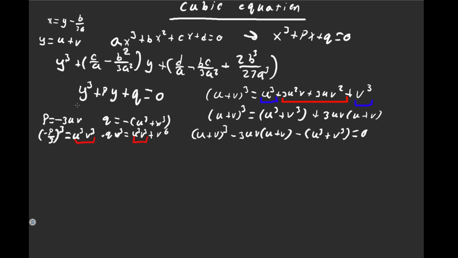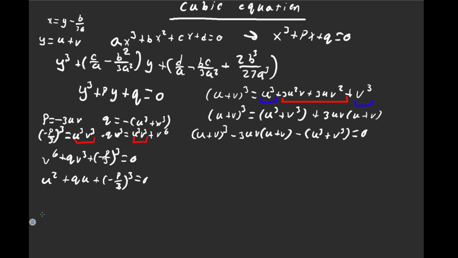And our equation that we will end up getting is v to the power of 6 plus q v cubed plus negative p over 3 cubed is equal to 0, which is a quadratic in disguise in terms of v cubed.